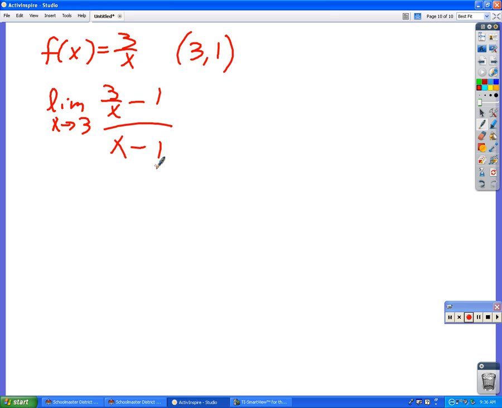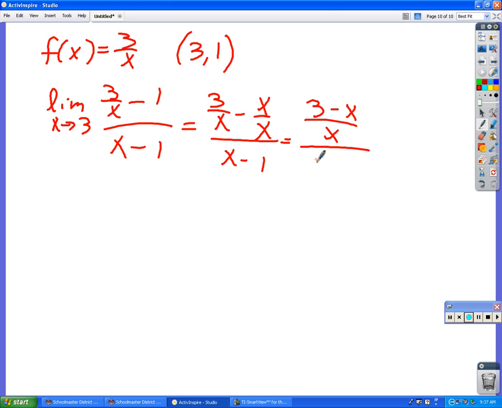So we could do it this way, and then we could go through the same process. Get me a common denominator there, x. So this is going to change into 3 over x minus x over x, over x minus 3. How can I rewrite this on the top now that I have a common denominator? 3 minus x over x, minus 3, right?